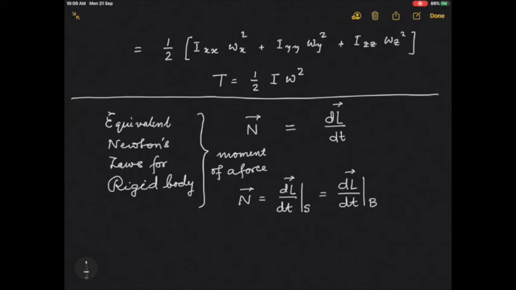So, you will agree now, we have done it many times, this with respect to the body set of axes, how the angular momentum changes with respect to the body set of axes, plus the instantaneous angular velocity cross, I am doing the time derivative of L, so it is this.